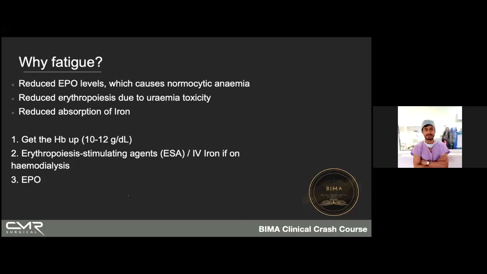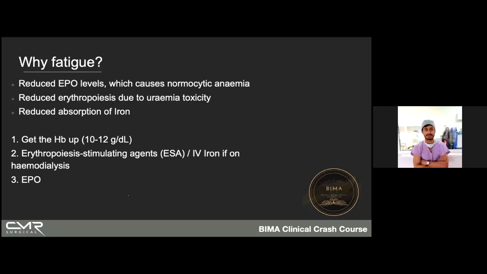So the main thing that we're dealing with here is the EPO, and as a result, you would need to have erythropoiesis stimulating agents. So this is basically ESA, and potentially if you're on hemodialysis, that might not be appropriate for you, and you would need to have IV iron, parenteral, as someone has put in the chat, if you're on hemodialysis.